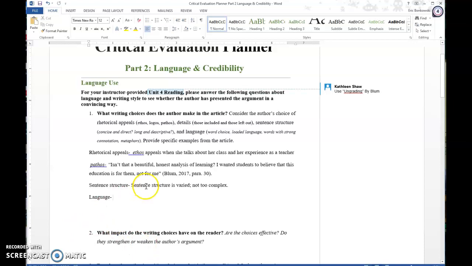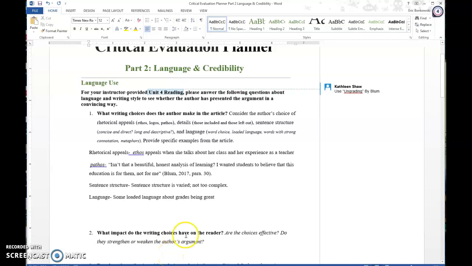Language. Okay, so this is a good one because it's asking about word choice and loaded language and words with strong connotation and metaphors. So when I'm analyzing the language, it does say include specific examples. So I might say some loaded language about grades being great.